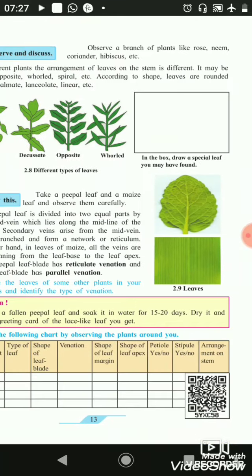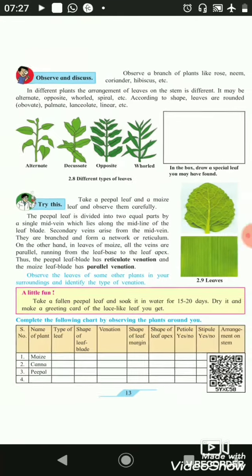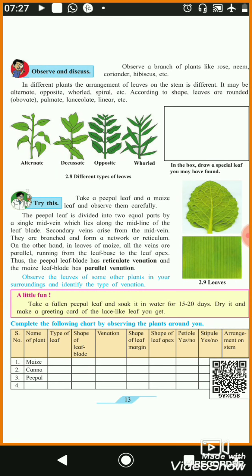Now listen, students. Observe the branch of a plant like rose, neem, coriander, hibiscus. In different plants, the arrangement of leaves on the stem is different. It may be alternate, opposite, whorled, spiral, etc. According to shape, leaves are rounded, palmate, lanceolate, linear, etc. There are different types of leaves.